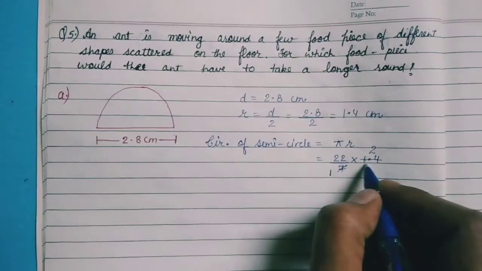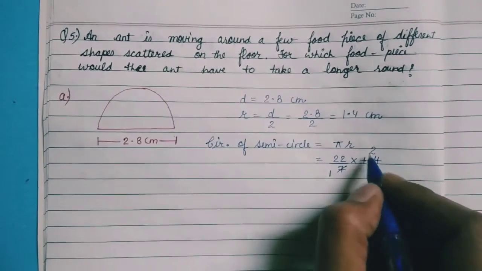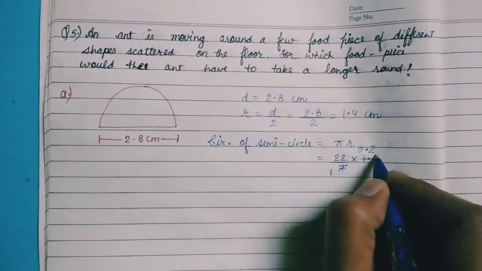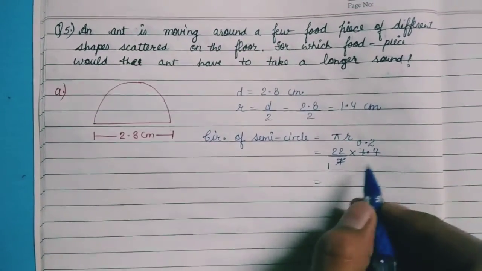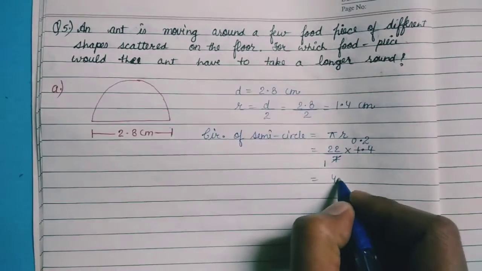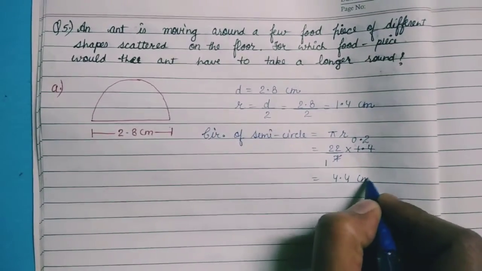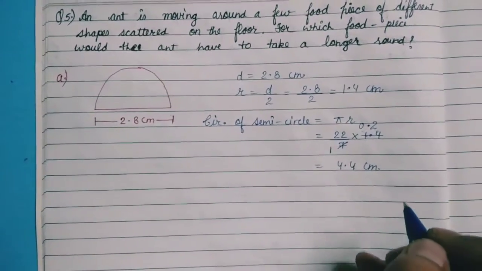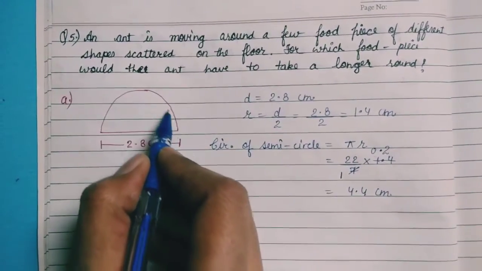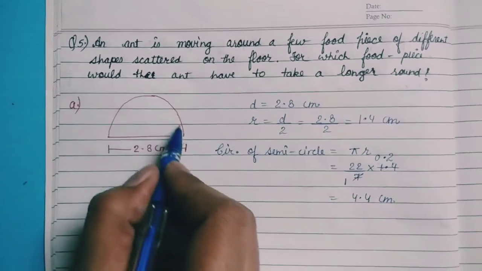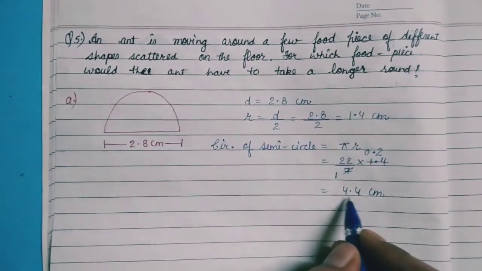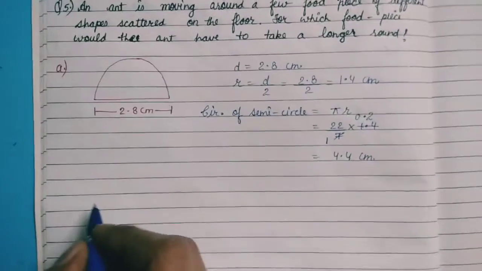But here we don't have 14, here we have 1.4. It means that 0.2. And when we multiply 22 by 0.2, it gives us 4.4 centimeter. Now the curved circular boundary that the ant has taken is only 4.4 centimeter.